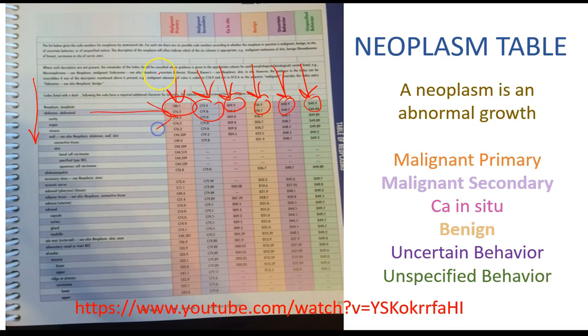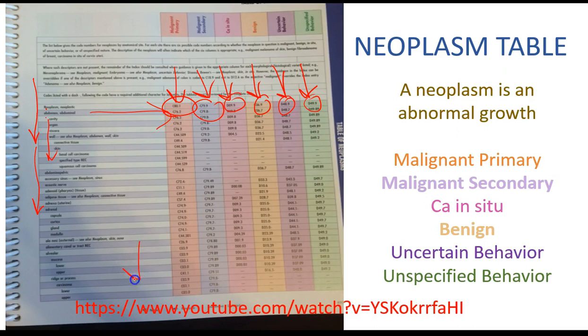And you'll just have to pay attention to your coding scenario or your diagnosis in order to pick that. But again, this is just like we did in the alphabetic. You have main terms and then subterms underneath those. And then it's in alphabetical order as well.